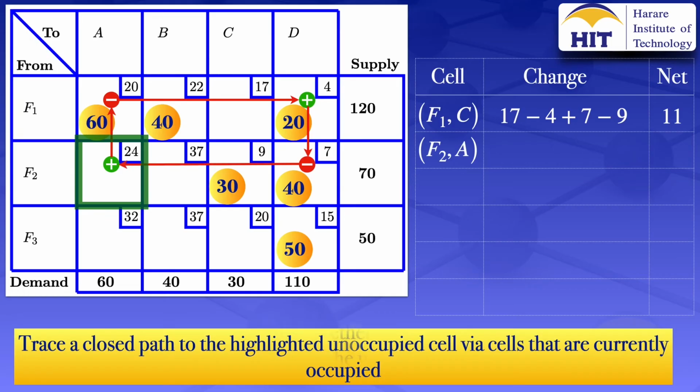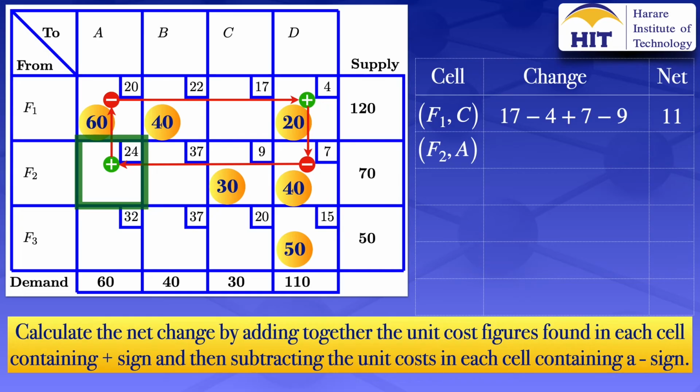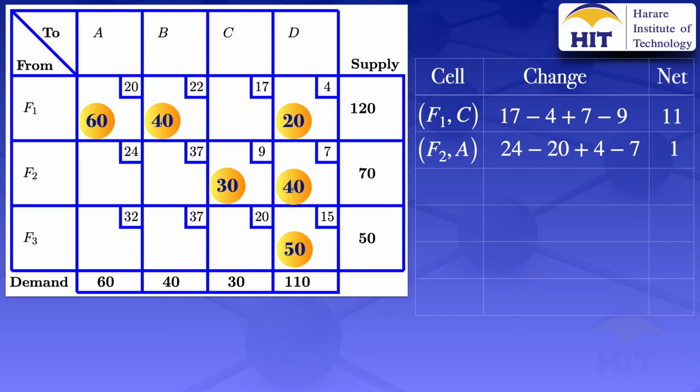We can now calculate the net change by adding the unit costs where we have the positives, then subtracting the unit costs where we have the negative signs. So our change there will be 24 minus 20 plus 4 minus 7, and that will give us a net change of 1.